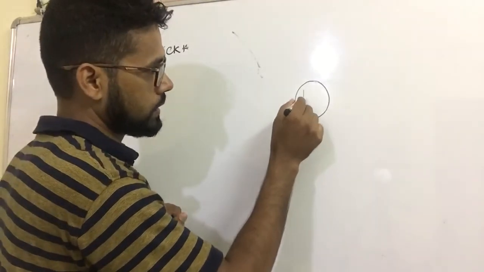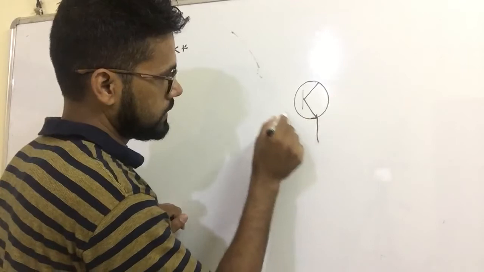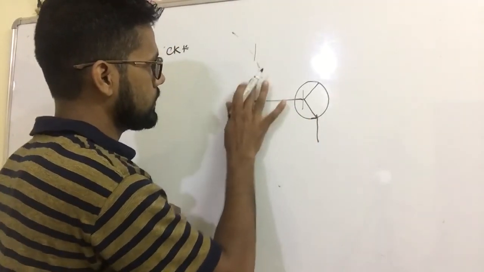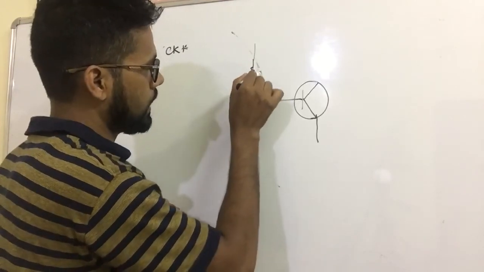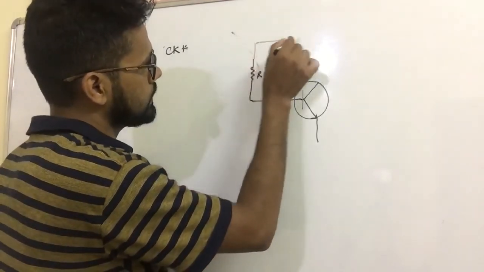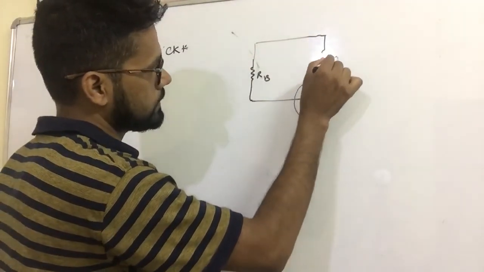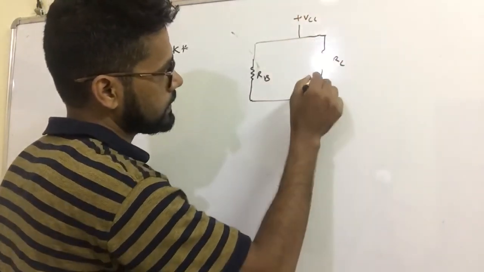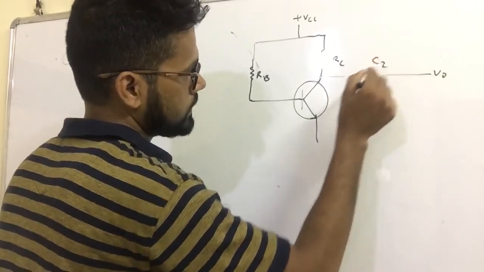This is the collector, this is the base terminal, this is the emitter. Now this is RB, this is RC, this is plus VCC. This is the output capacitor, this is C2.